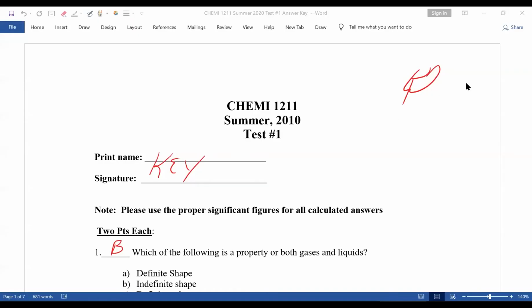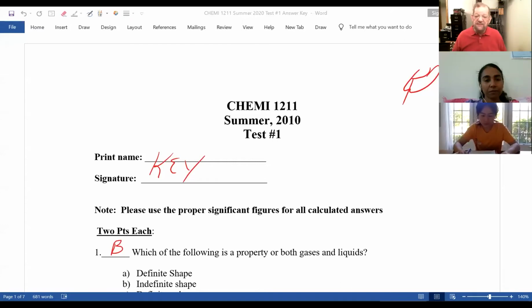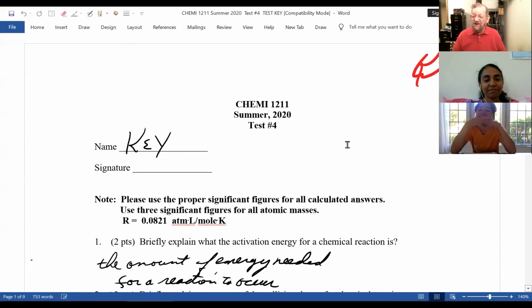And let's look at it. Thumbs up, people. Can you see test number? Wrong test. Can you see test number 4 now?